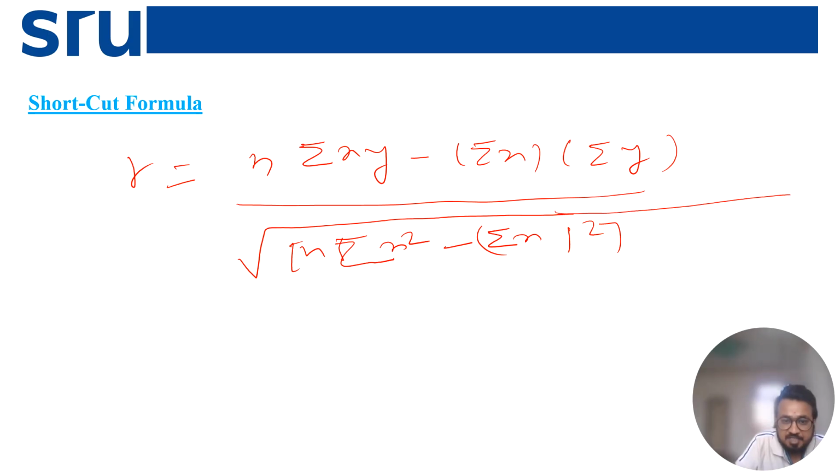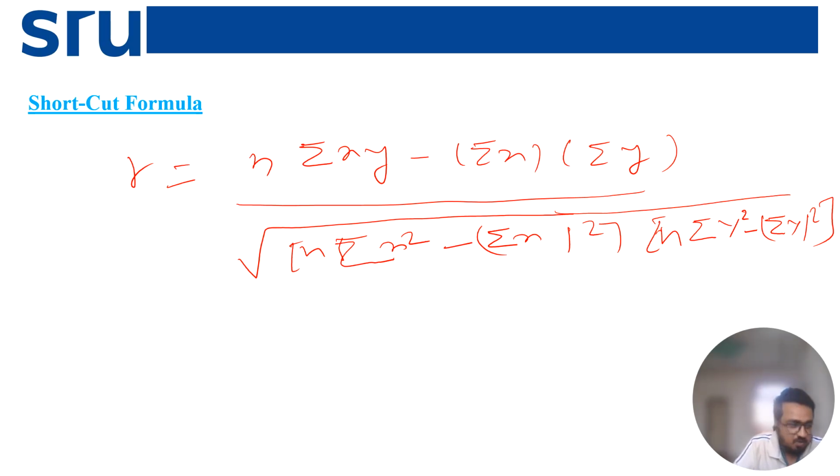Similarly, we write the same for the second variable: n into summation y square minus summation y whole square. Right.